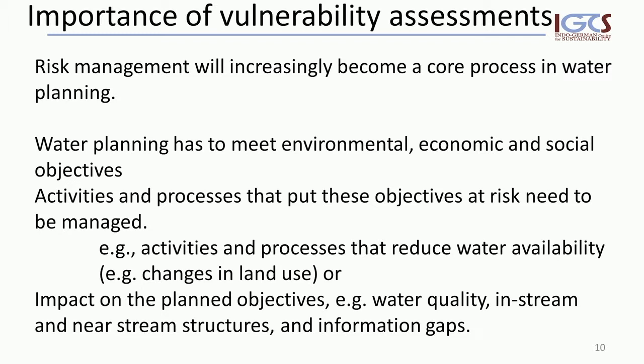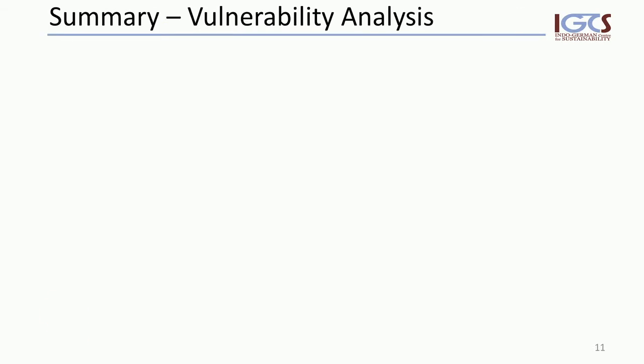And the impact on the planned objectives, for instance, in terms of water quality or in-stream and near-stream structure and information gaps, has to be understood and dealt with specifically in the form of preventive measures in our assessment analysis.